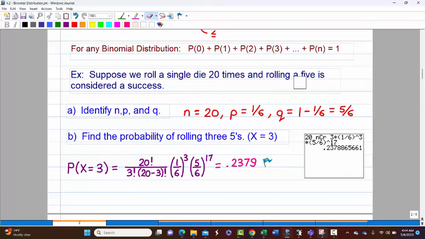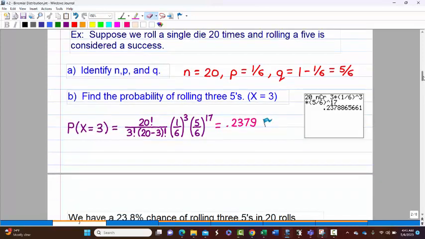This time we're only considering a 5 to be a success. So that's a 1/6 probability. And of course, we don't need the Q for the technology, but it's there for the formula. You never know, you may have a test question that asks you to identify N, P, and Q. So just make sure you know that, well, you can use your notes, but make sure you know that Q is 1 minus P.